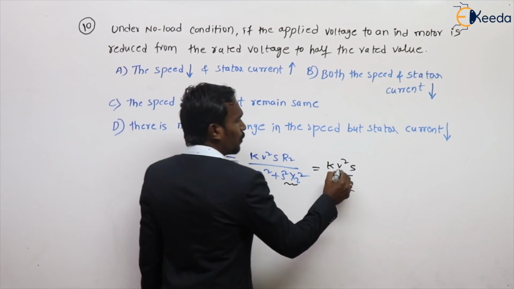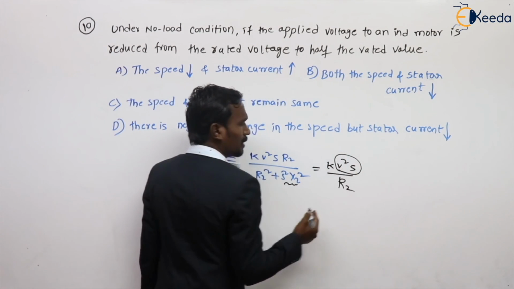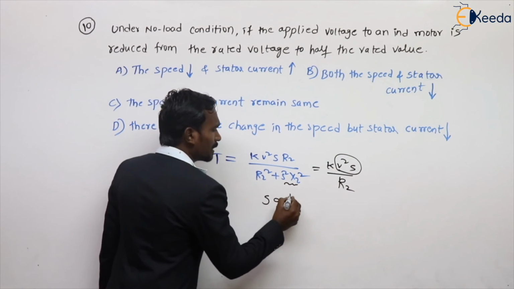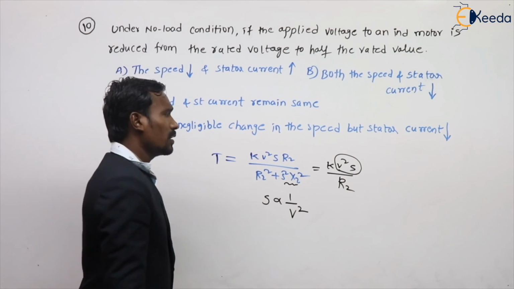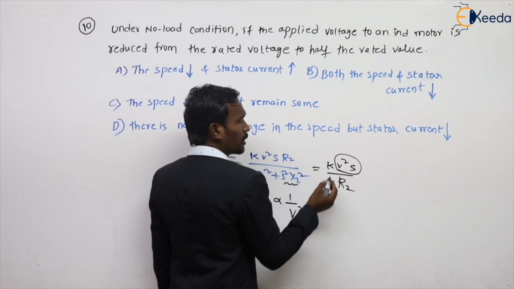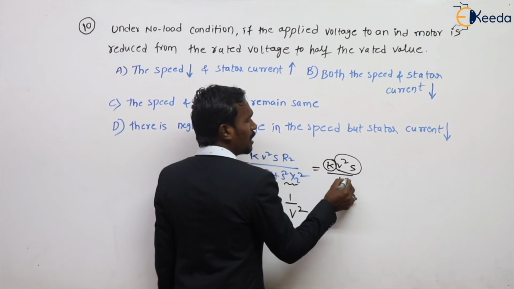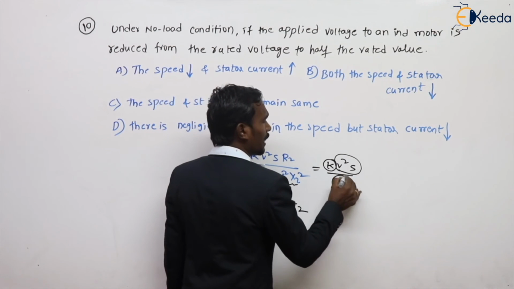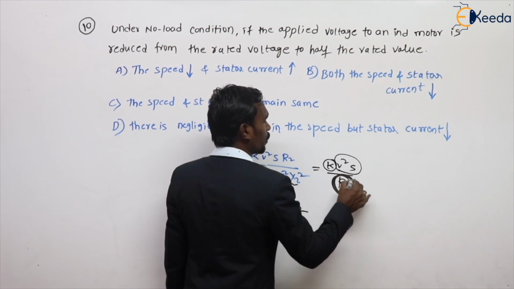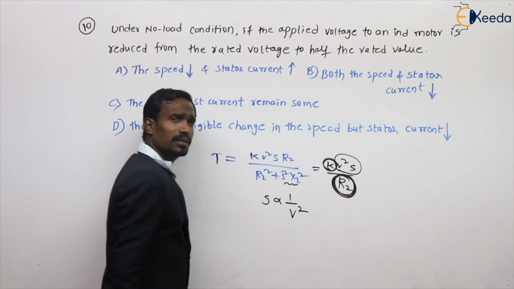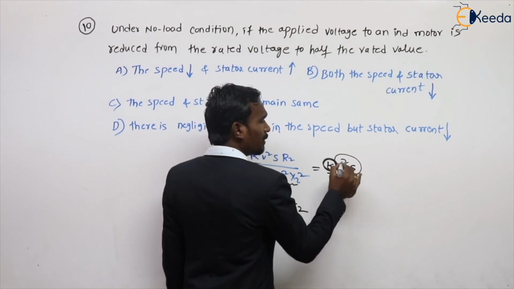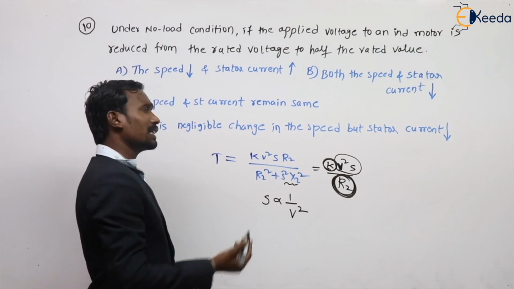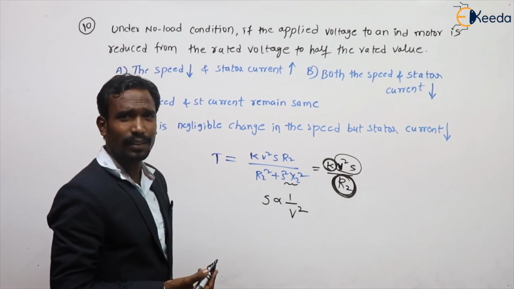Here the slip is inversely proportional to V square. K is constant and there is no change in rotor resistance. The changing quantities are voltage and slip.